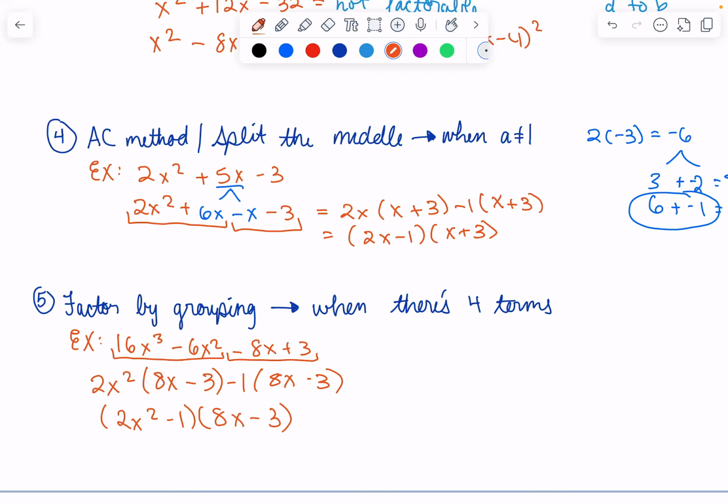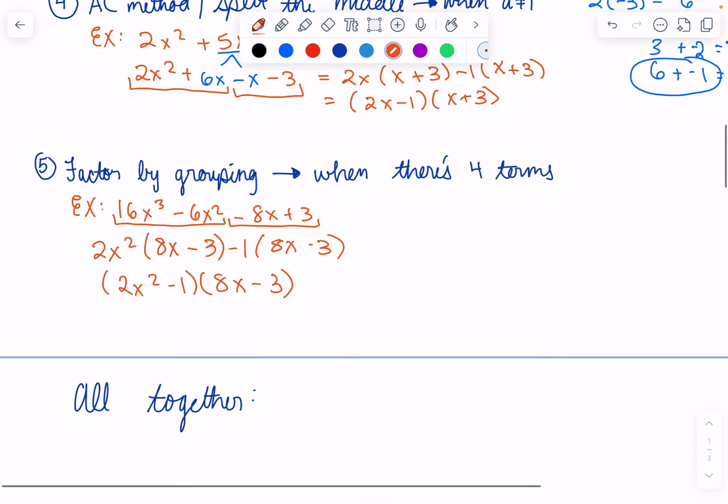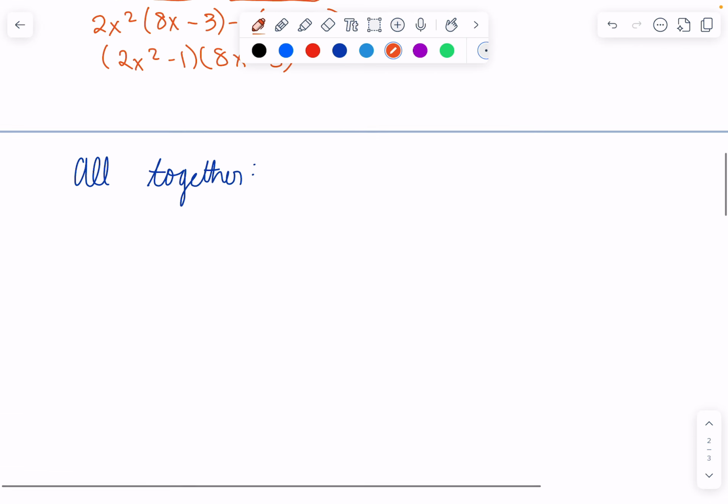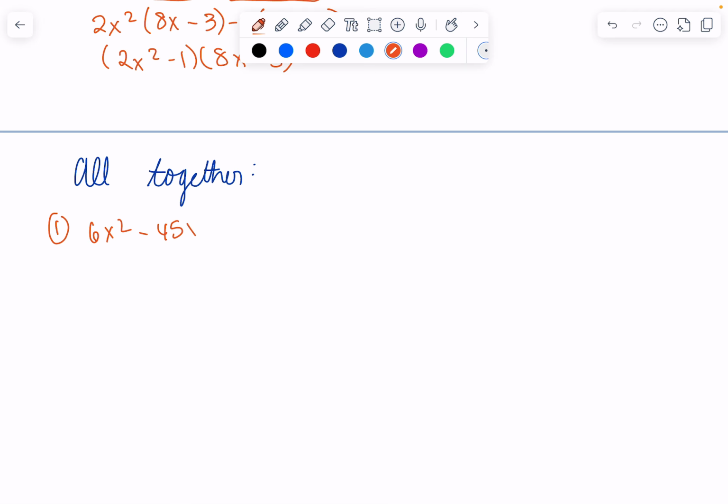Okay, so now what we want to do is put all of those ideas together and see how we would factor a problem that maybe requires us to use multiple methods. So let's do one where you have to use multiple methods as opposed to just one. Okay, so here: 6x squared minus 45x plus 21.